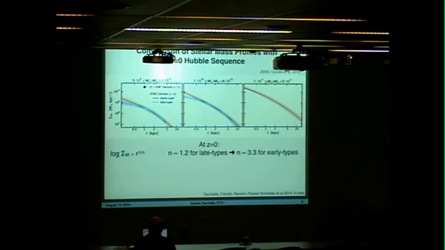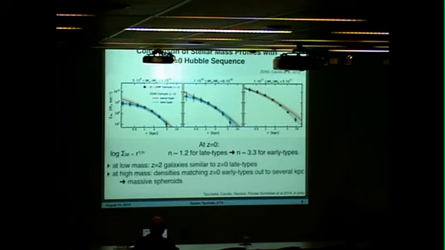Again, we find a Sersic index of 1.2 for the late types and of about 3.3 for the early type galaxies. We can now add our redshift 2 galaxies on top of these local redshift 0 galaxies, and we find that in the low mass bin and the medium mass bin, our galaxies follow the local late type galaxies, so they have similar profile shapes.